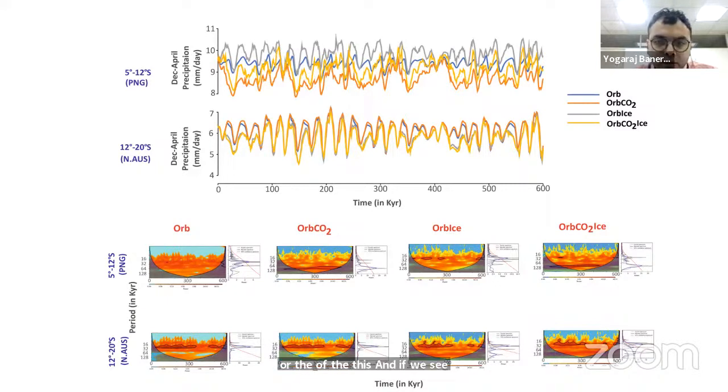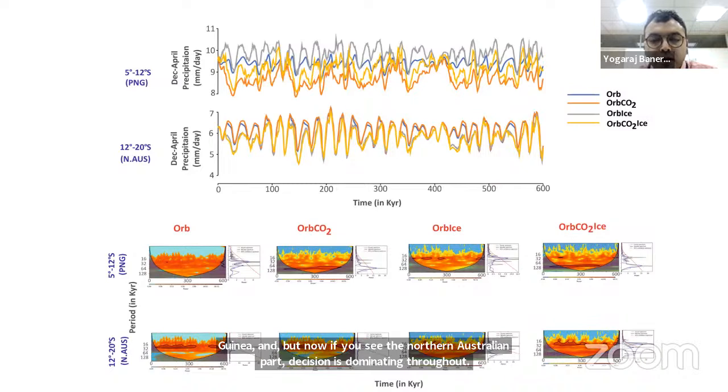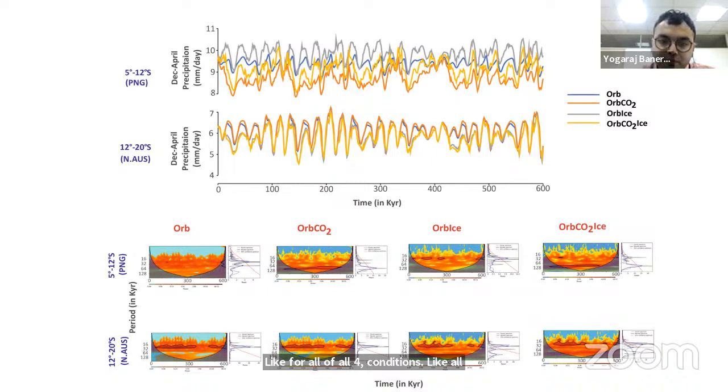And if we see the wavelet spectra also, I have already described the results for the Papua New Guinea region. But now if we see the Northern Australian part, precession is dominating throughout, for all four conditions, like orb CO2, orb ice, and orb CO2 ice. So what we thought is that this modeled simulation actually provides us two inputs.